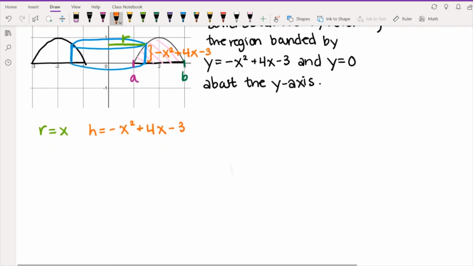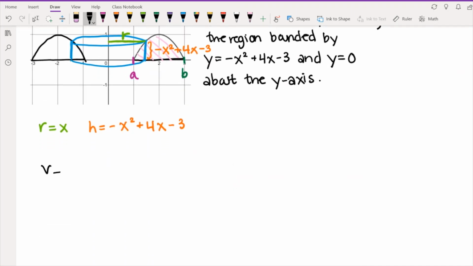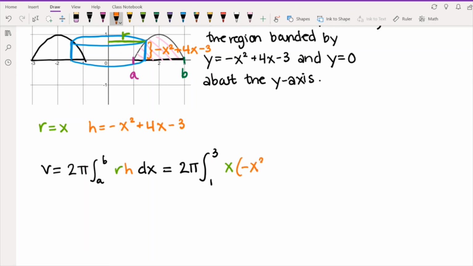Now when we integrate, we're going to have 2 pi times the integral from a to b of the radius times the height dx. That's equal to 2 pi times the integral from 1 to 3, as we discussed, of x times negative x squared plus 4x minus 3 dx.